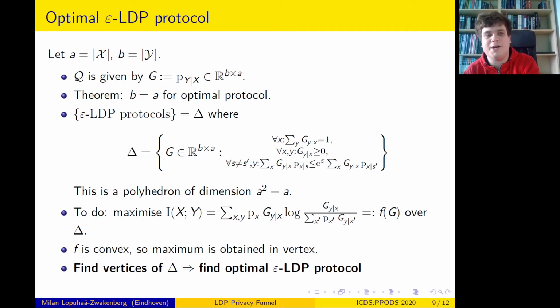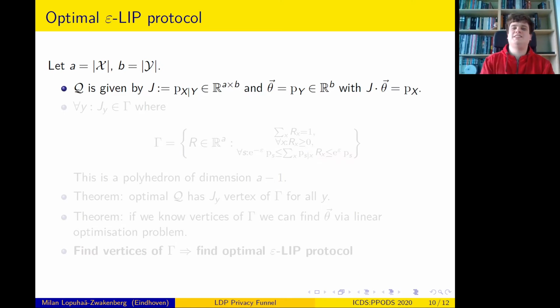Now let us look at LIP. This is a bit of a similar theme, but we're going to do it slightly differently. So before we said that Q can be given by the matrix G of probabilities of Y given X. But there's another way to give Q, and that is to look at the matrix J of probabilities of X given Y, so input given output, together with the vector theta of output probabilities.